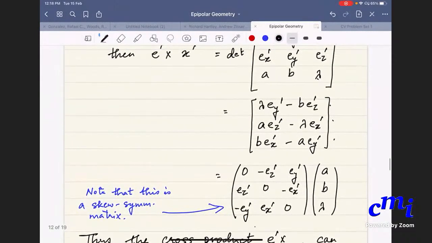Now these three components can be rewritten as a matrix product in this way. Look at the first component, lambda Ey prime minus B Ez prime. I can think of this as (0, minus Ez prime, Ey prime) applied to (A, B, lambda).